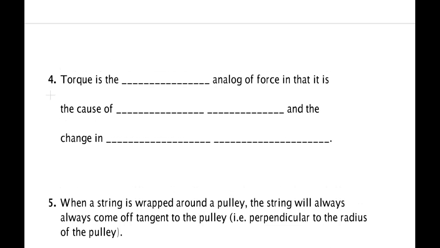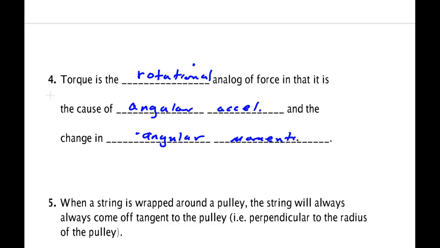Torque is the rotational analog of force, in that it is the cause of angular acceleration, just like force is the cause of regular acceleration, and the change in angular momentum, which we'll get to in a little while.